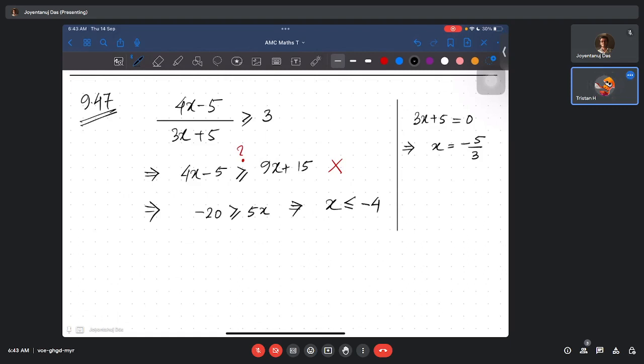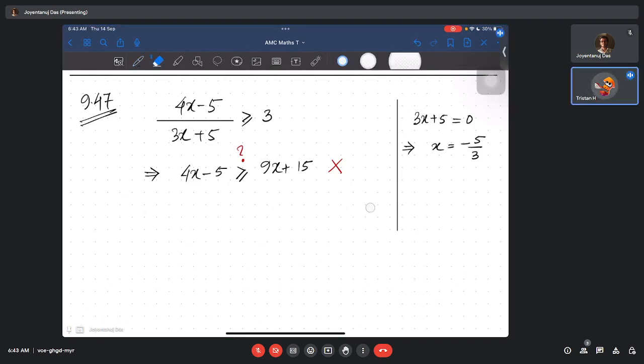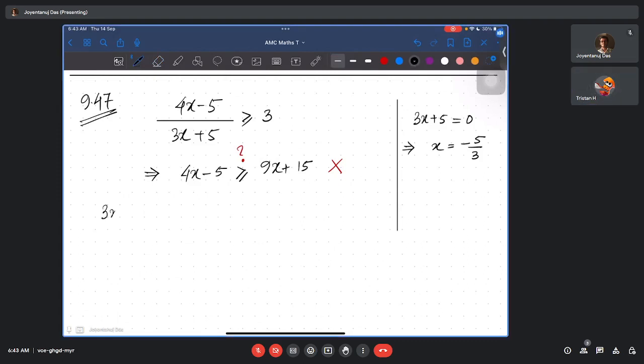Oh, so you would have to flip the sign when you multiply by 3x plus 5, because if 3x plus 5 is a negative number. So you have to consider both cases. First consider when 3x plus 5 is less than 0. Then what will happen?